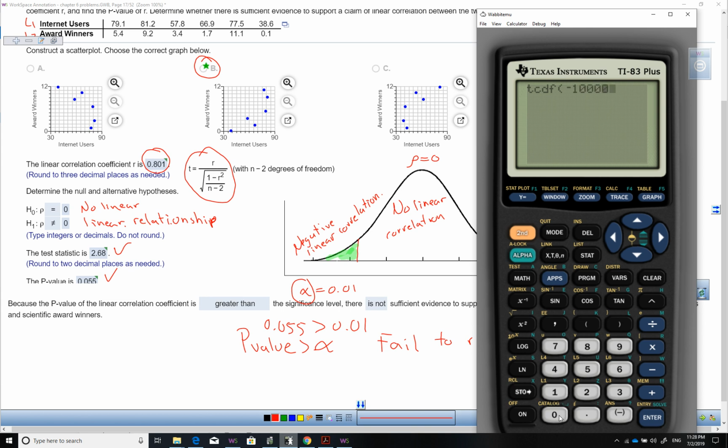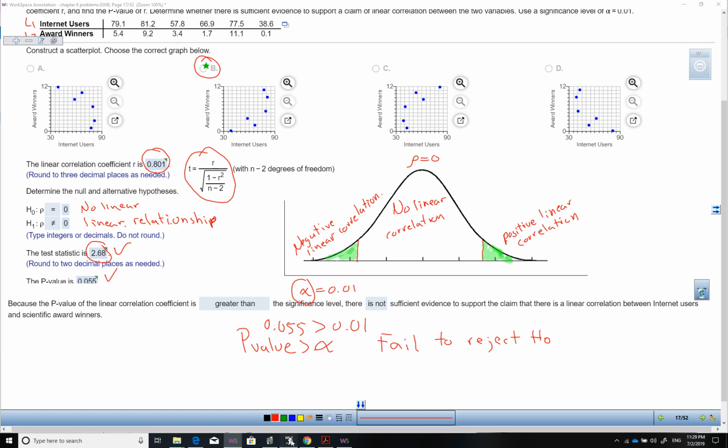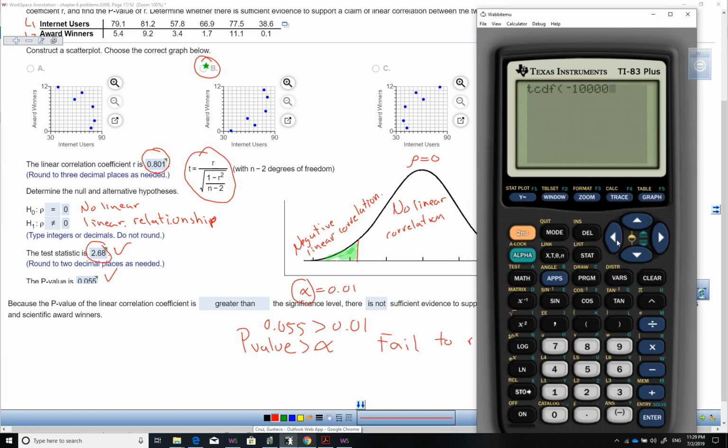I always use that number. Well, let's suppose that this is my test statistic. Let me use that one as my lower limit. 2.68, comma, the upper limit. Let me do 10,000.